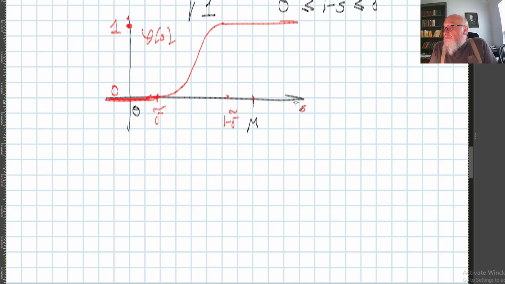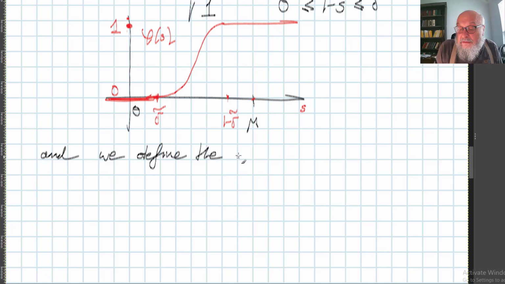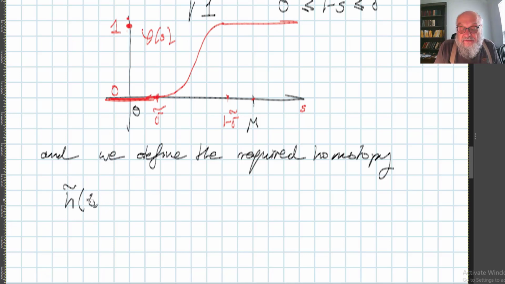So once we have this function, we can define the required homotopy. And this homotopy h tilde will be just defined like that. So h tilde(t,x) is equal, and we have three cases.